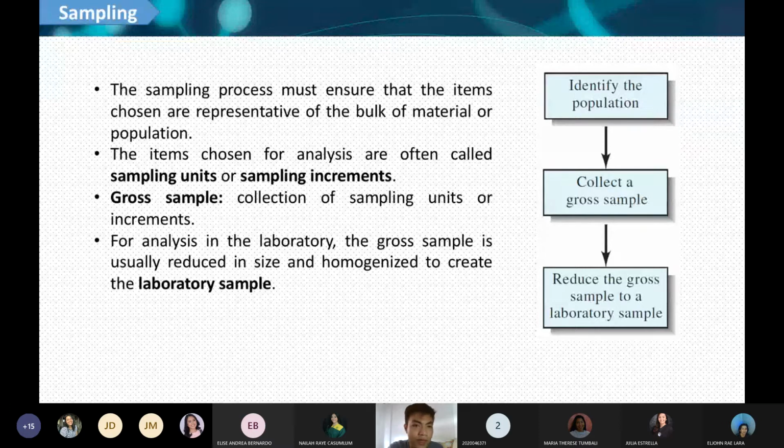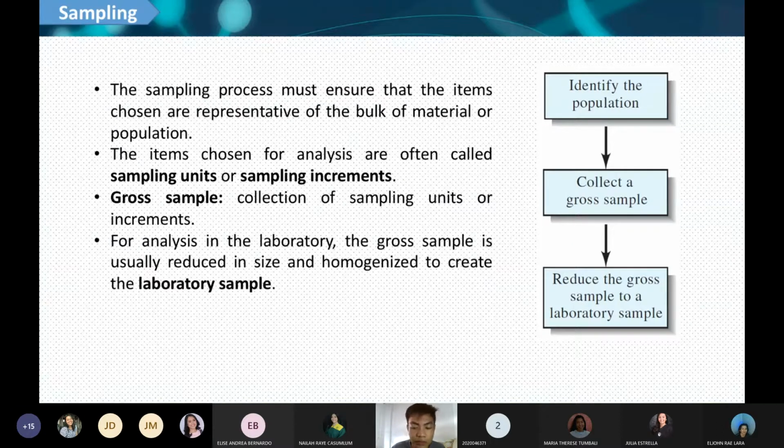In the laboratory, 1 liter is too much, because in chemistry we only deal with a few ml of your samples. As you notice, every step the amount of our sample gets smaller and smaller, because we really only analyze a little.